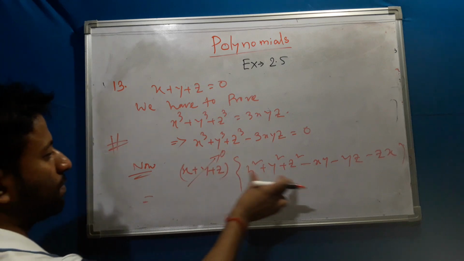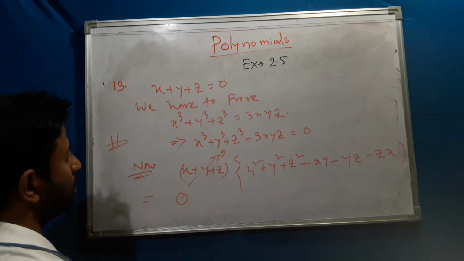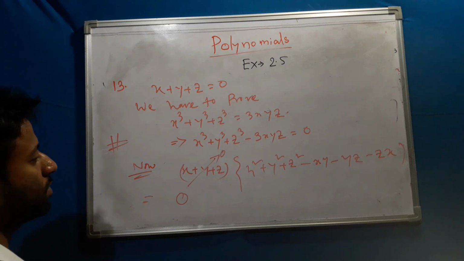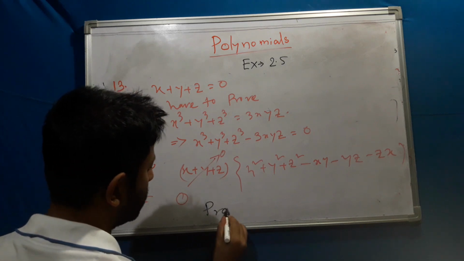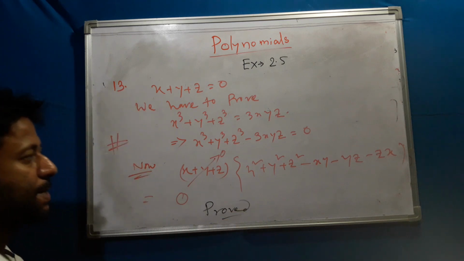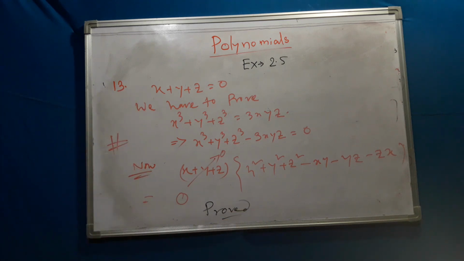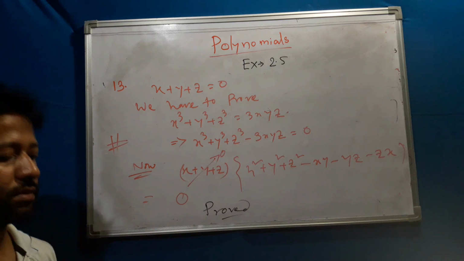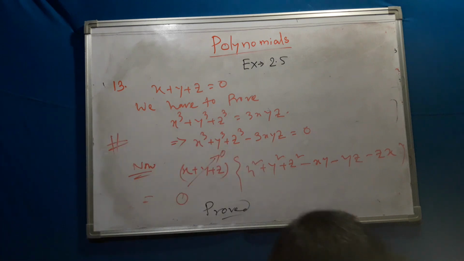So if we multiply this term with 0, that will become 0. So we have proved that. Very simple. You just use this identity and put the value of x plus y plus z, then the result is 0. Just pause the video and copy this one.